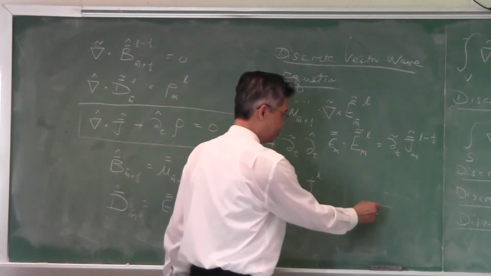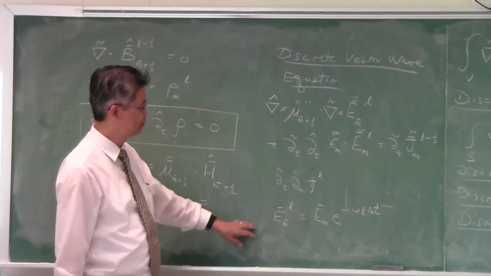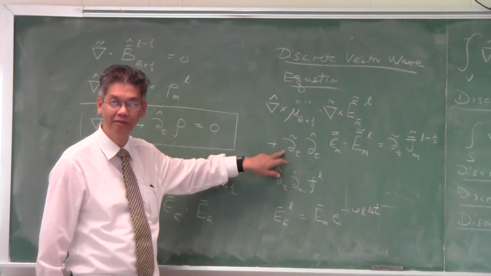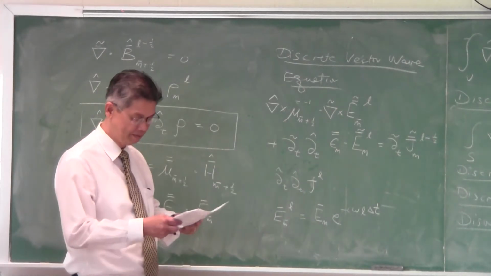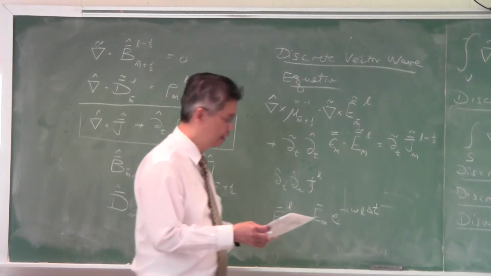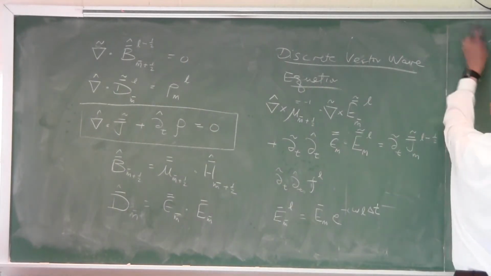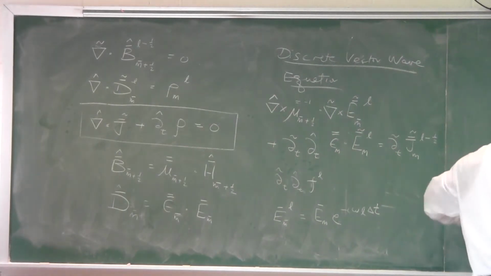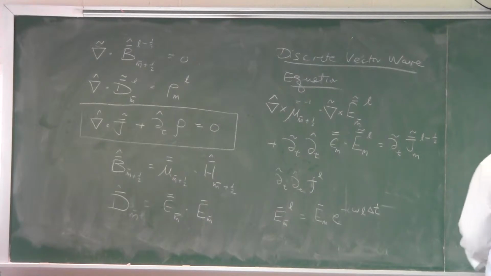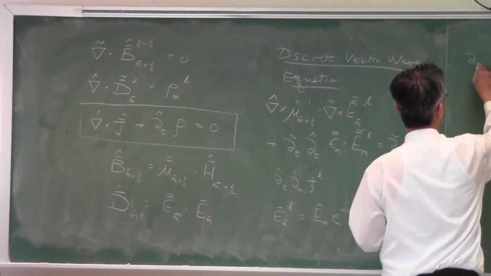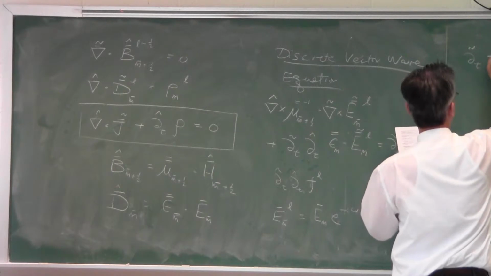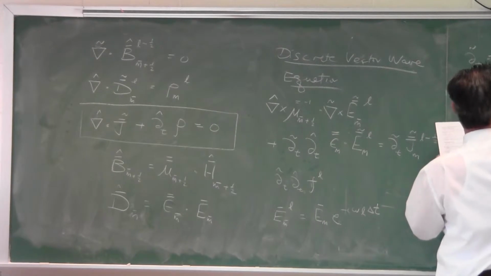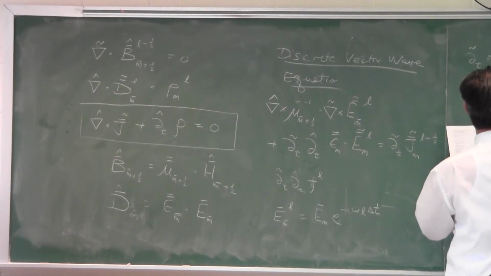Essentially assuming a time harmonic form for your electromagnetic field, plug them into here, and all this discrete derivative will become simplified. In the sense that you will have things like partial t tilde will be 1 over delta t times e to the minus i omega delta t minus 1.